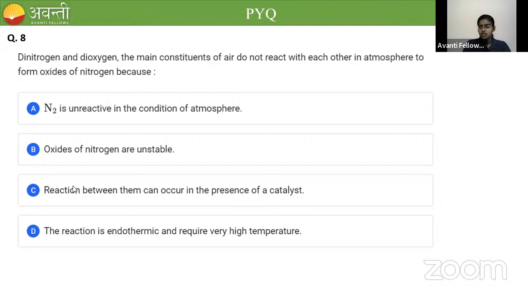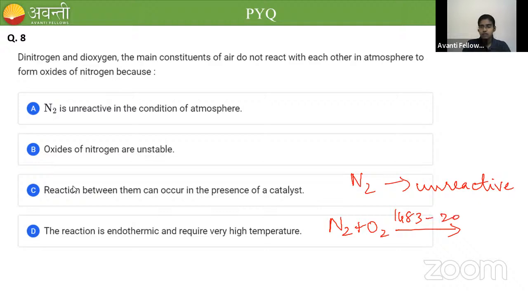Yes. Actually, nitrogen is unreactive at normal temperature, at room temperature. But when you react them at very high temperature, like 1483 to 2000 Kelvin, and you give heat, nitrogen and oxygen will absorb this heat energy.